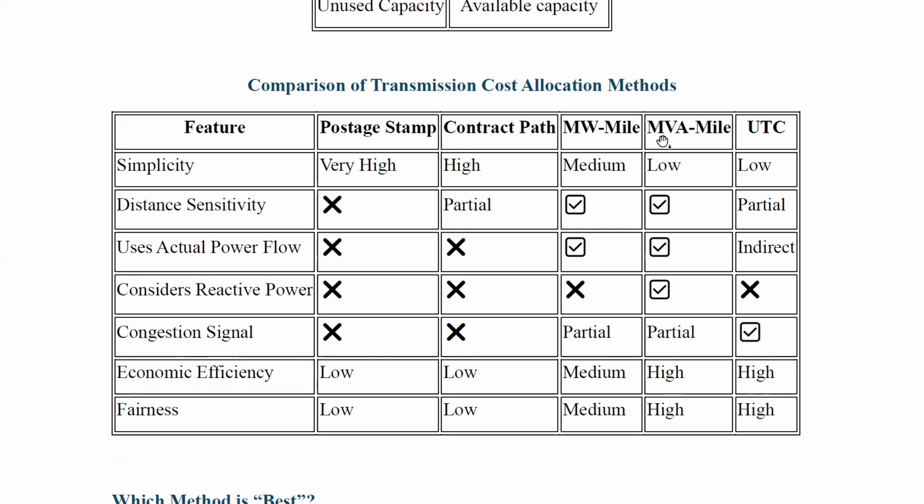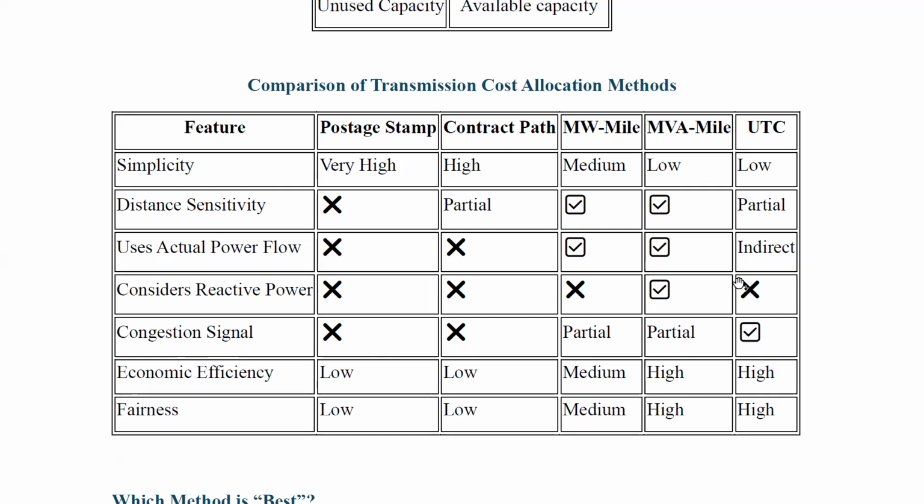As I said in our earlier classes, it is not mandatory to go for only the MVA mile method or the UTC method. Sometimes they make a hybrid, a combination of the MVA mile and unused transmission capacity methods.